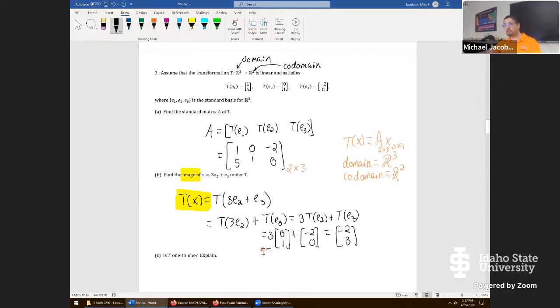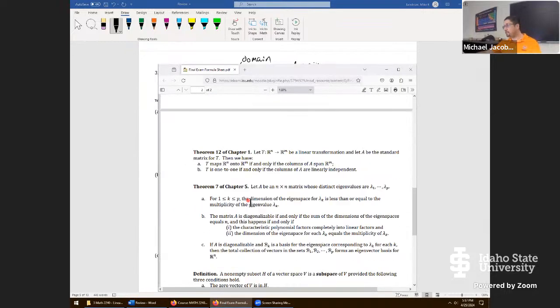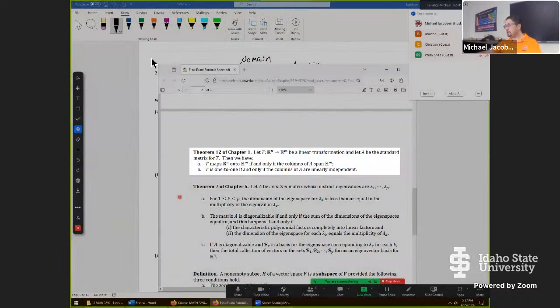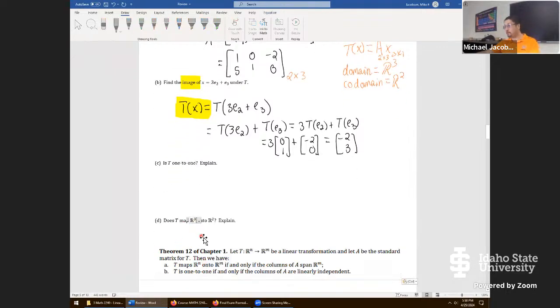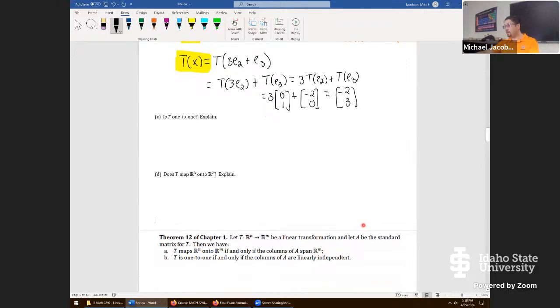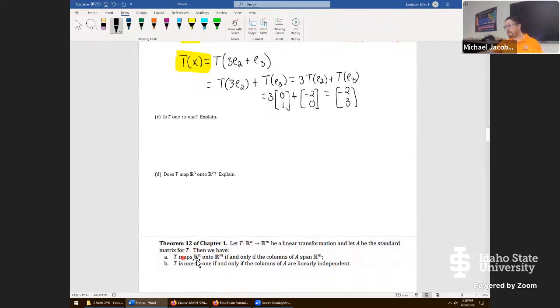Okay, the last questions on here, you could find some help on the notes from right about here. I put in the theorem just how it came from the textbook verbatim, but the main takeaways of this theorem are that T maps onto Rm if and only if the columns of A span Rm, which means there's a pivot in every, well, this one would be row for spanning.